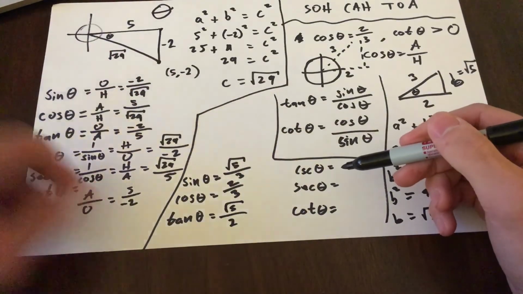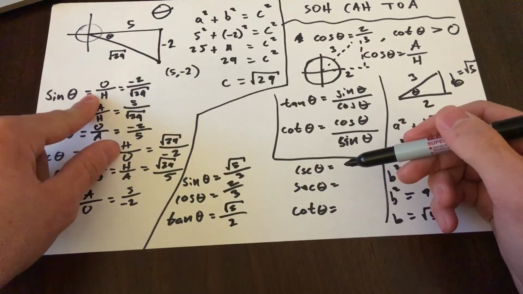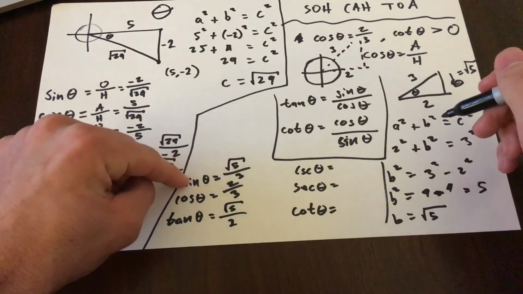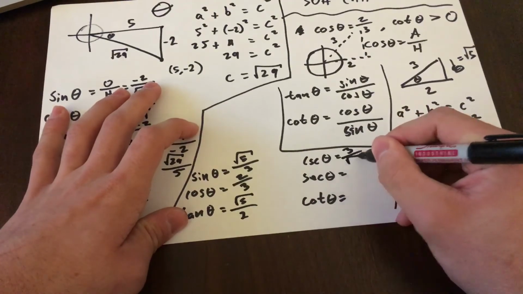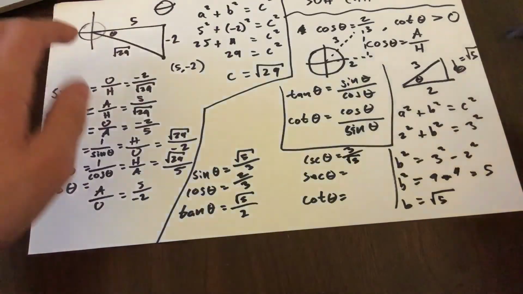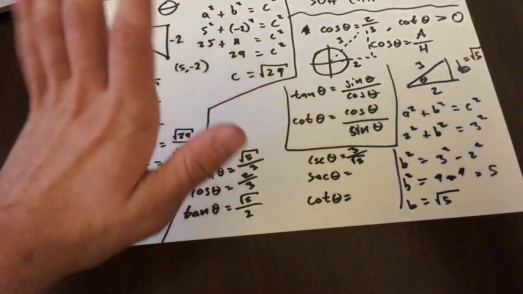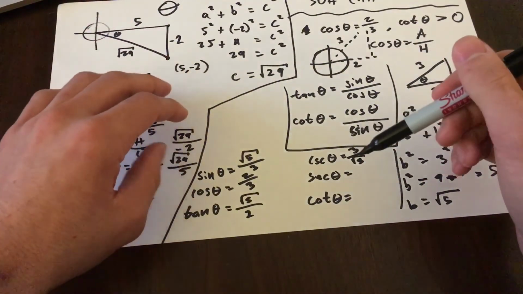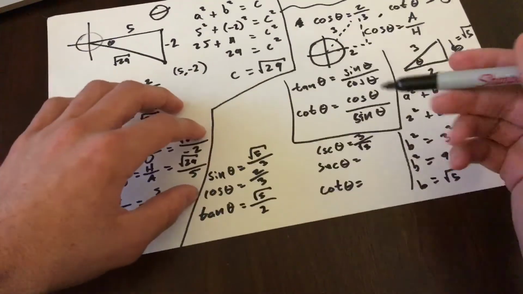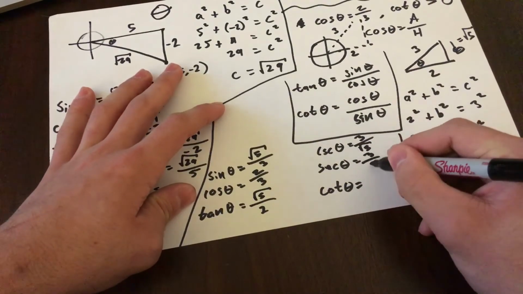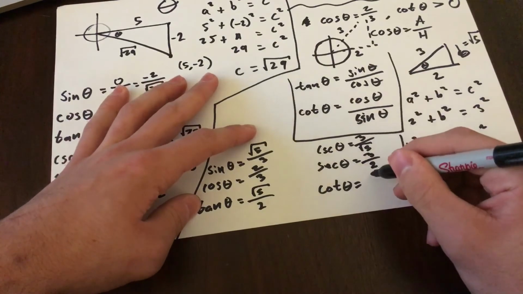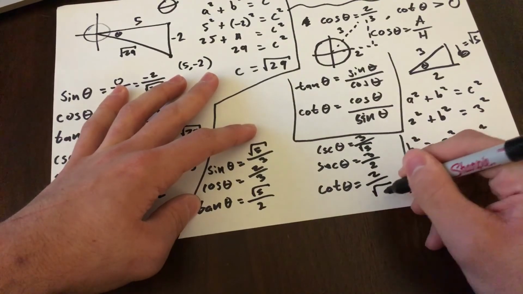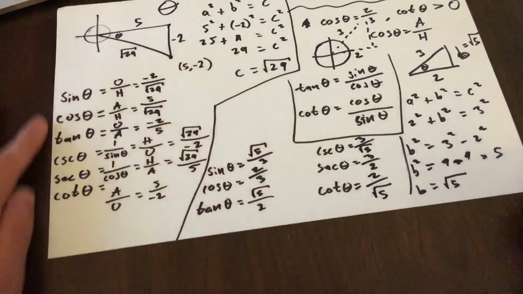Cosecant, as we know, is just sine flipped around. So if we flip this, we get 3 over square root of 5, which you can make proper if you want to, but it's not a big deal. Secant is cosine flipped, so 3 over 2, and same deal with tangent and cotangent, we're going to get 2 over square root of 5.